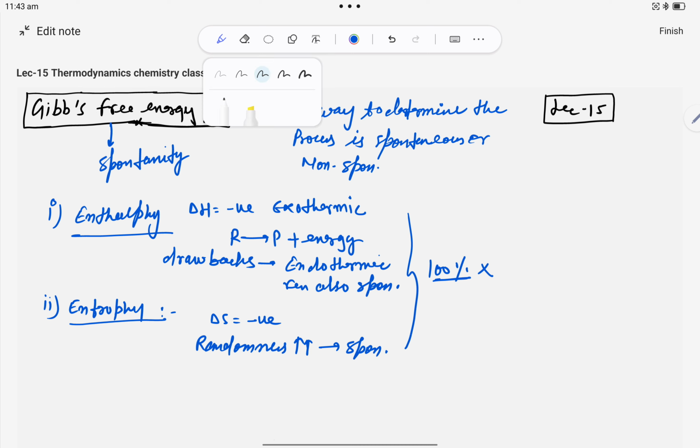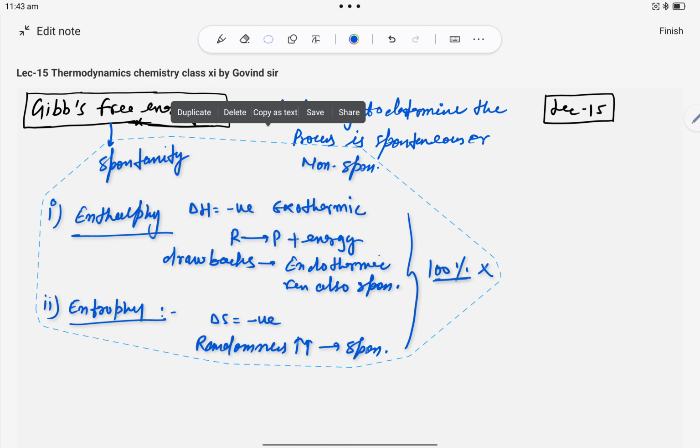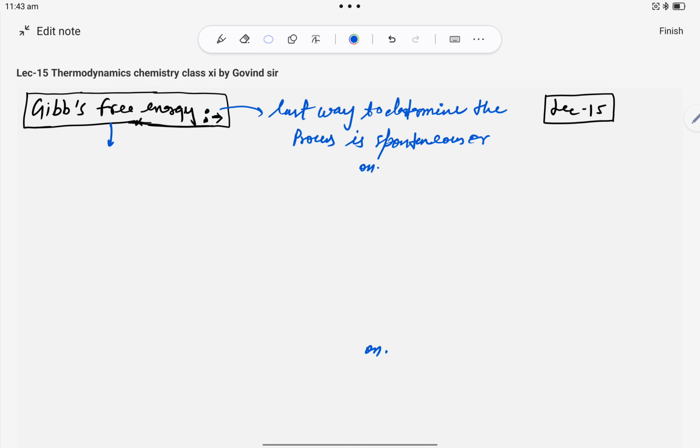What is Gibbs free energy, children? Gibbs free energy, G is equal to H minus TS.